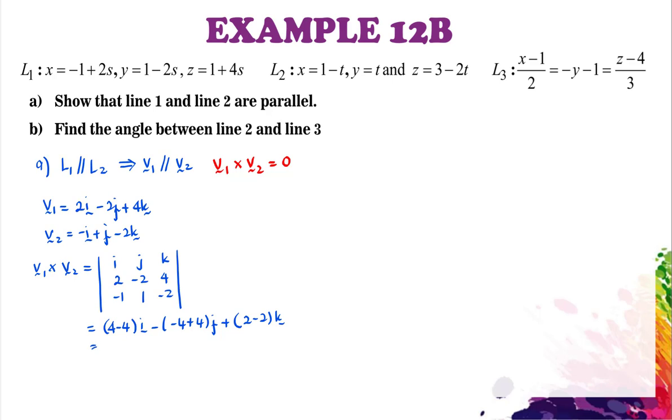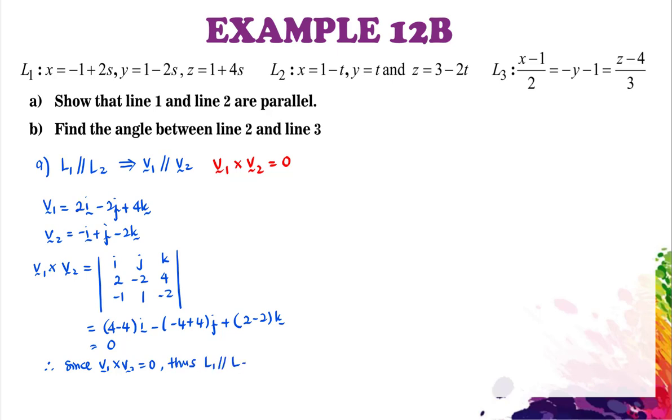So it ends up equal to 0. Therefore you have to give the conclusion: since v1 cross v2 equals 0, thus L1 is parallel to L2.